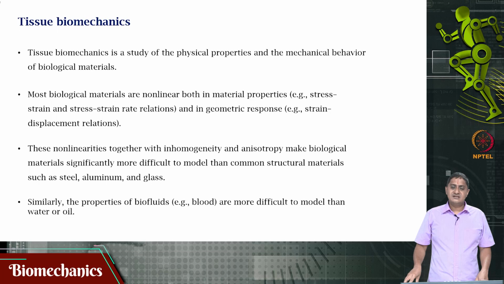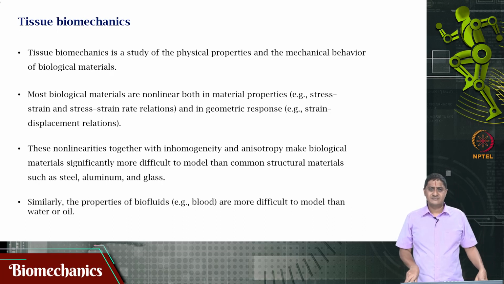So, these non-linearities in biological materials, along with other constraints such as inhomogeneity and anisotropy, make biological materials a lot more difficult to model and to study than the common engineering materials such as steel, aluminum and glass.